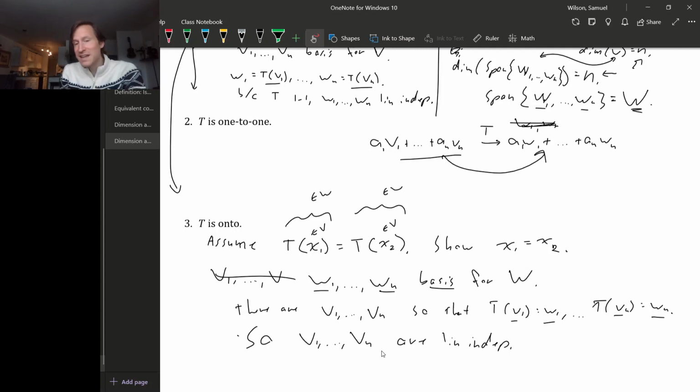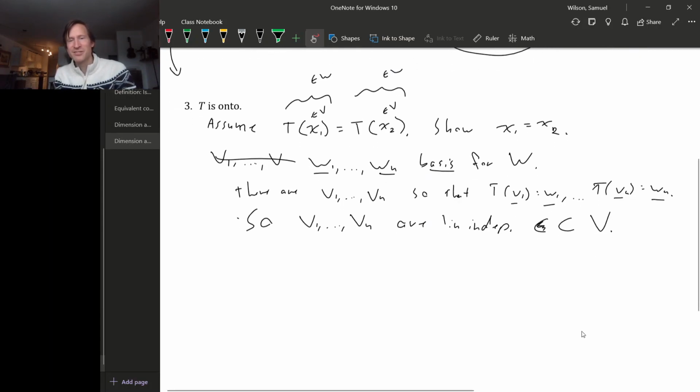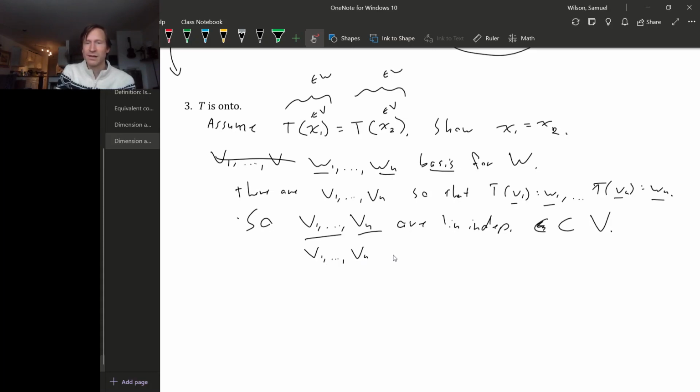So now we have n linearly independent vectors sitting inside of v. So they span an n-dimensional space inside of v, but v is n-dimensional. So that means that they have to be a basis, right? The span of these linearly independent vectors has to be all of v, and so v1 through vn are a basis for v.